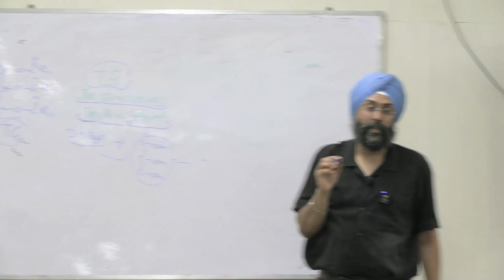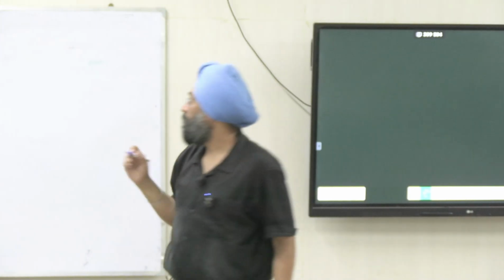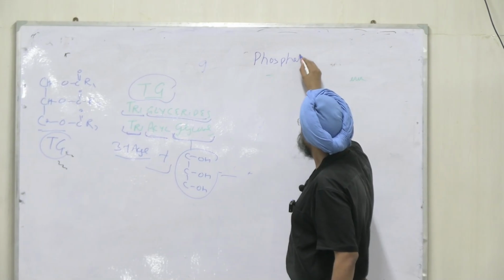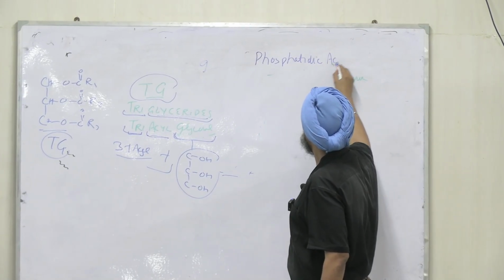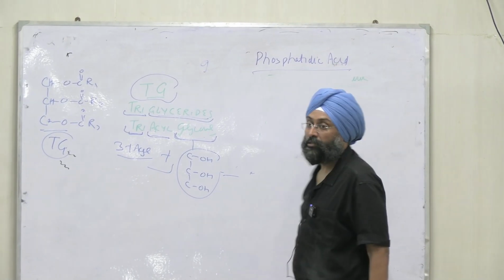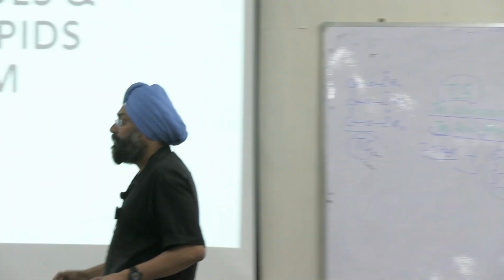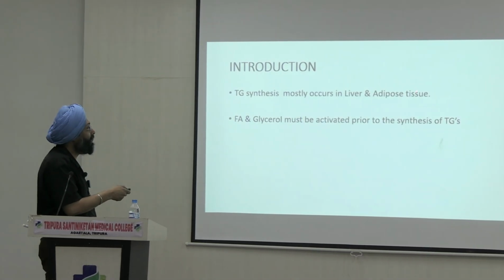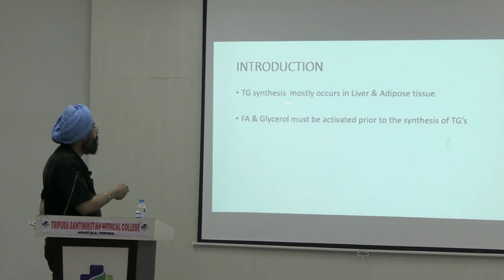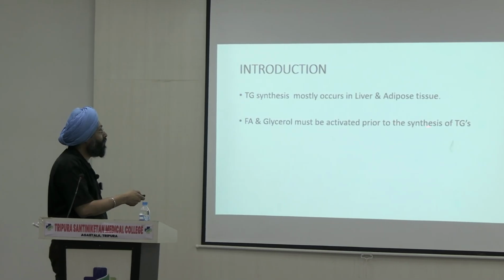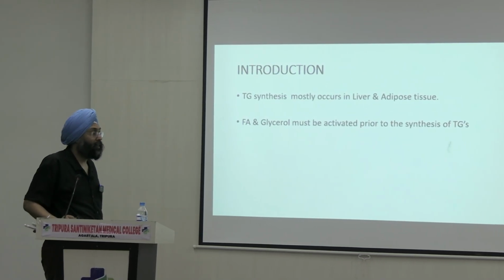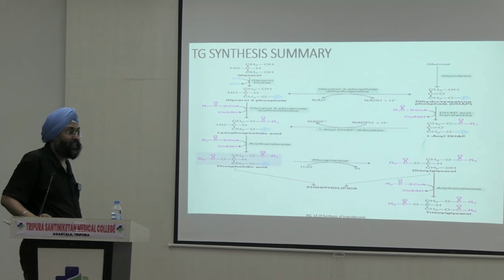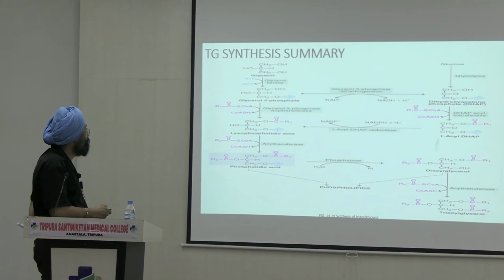All the phospholipids are made from a parent phospholipid, that is phosphatidic acid, right? And triglyceride synthesis occurs in the liver and adipose tissue, and fatty acid and glycerol must be activated for the synthesis of triglycerides, right? And this is the proper synthesis, and it is very difficult, but we will simplify it later on.